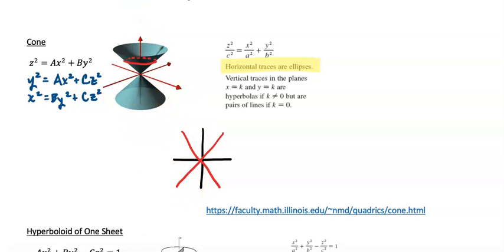Now if we don't quite slice through the middle, but instead we slice through this plane that's not quite in the middle of this thing, then we can see that these traces are going to form this hyperbola.